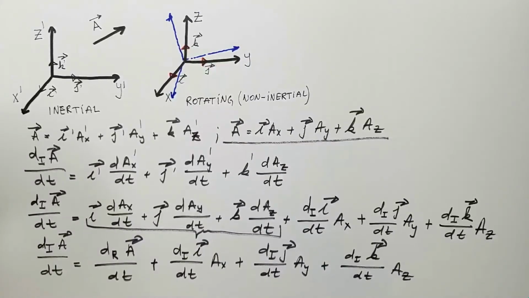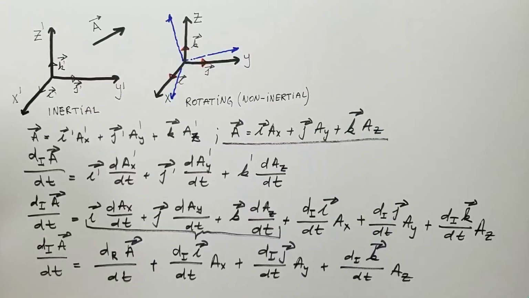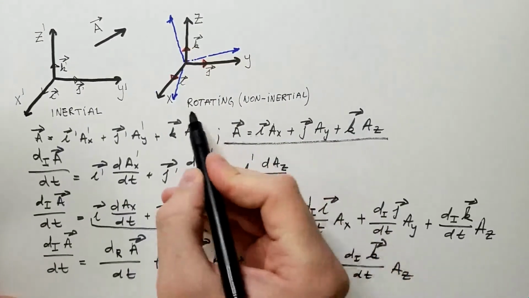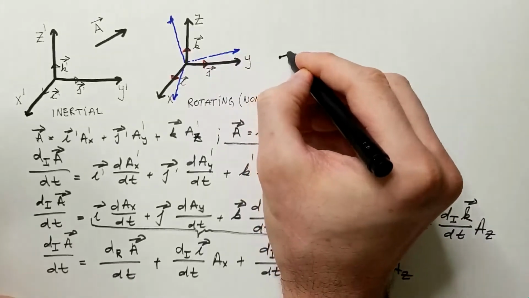This is now where we need to be careful, because the derivatives of these unit vectors can be very nasty depending on the behavior of this coordinate system. You see, let's assume that instead of this simple rotation, this coordinate system exhibits this motion in time.